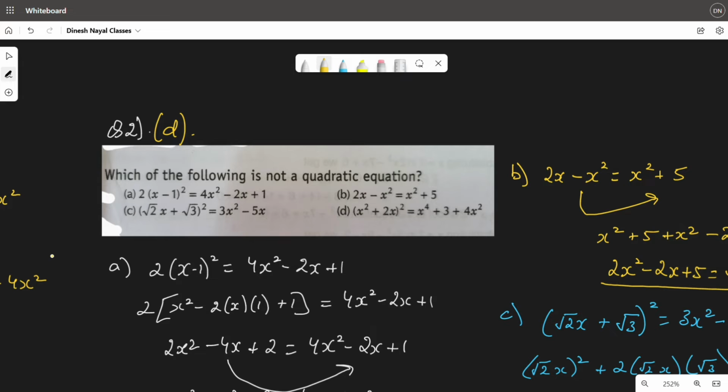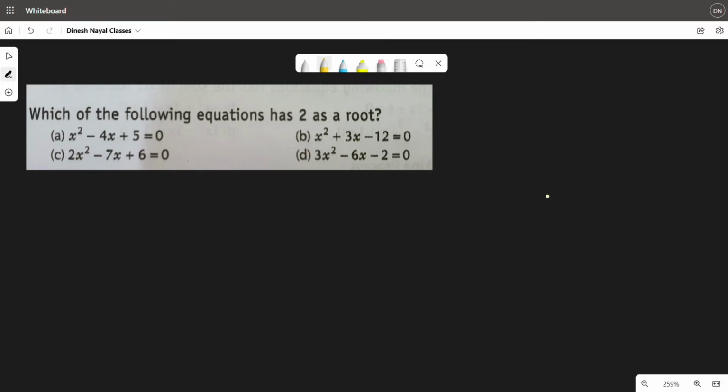Coming now to question number 3, which says: which of the following equations has 2 as a root.